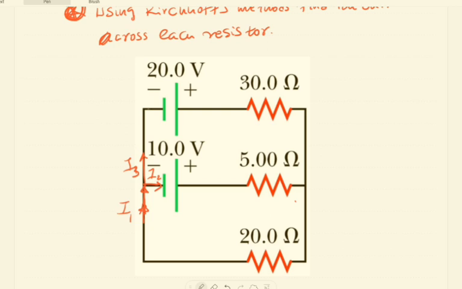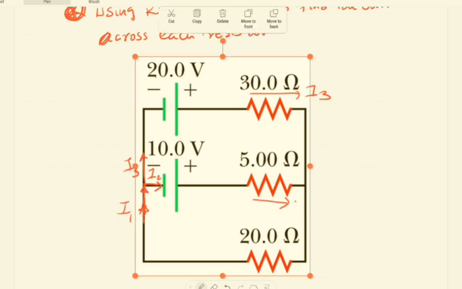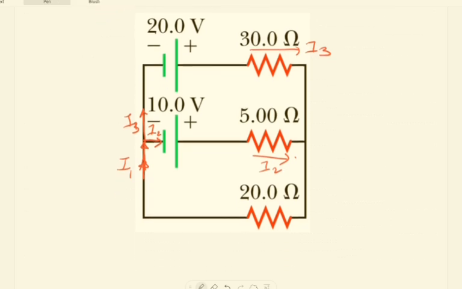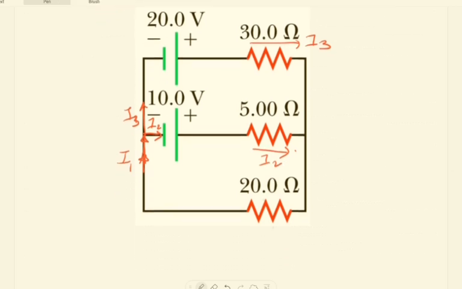The current in this direction is simply I3, and also the current in this 5 ohm resistor is of course I2. So ሌላ ምን አለኝ? The current across the 20 ohm resistor is of course in this direction I1.